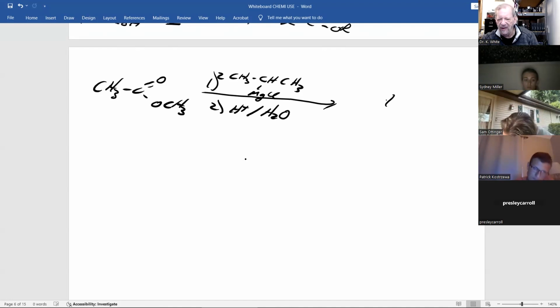And on the test, normally I'll put a plus there. That's my way of being nice, to let you know there are 2 products. And what do we have that's different in this first molecule? It's an ester.